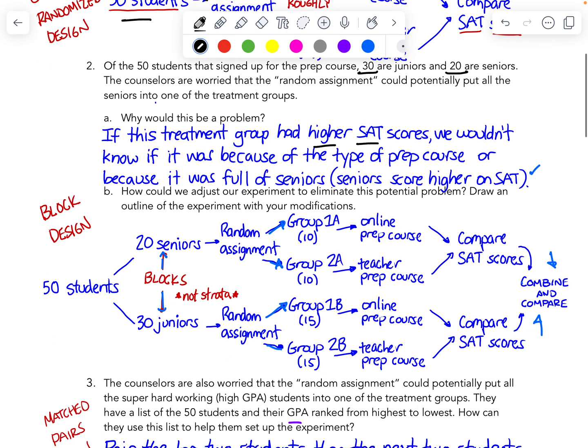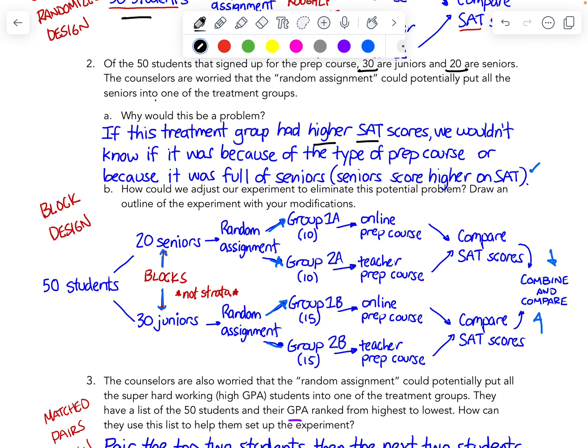So to mitigate this, or to control for this, we can do a block design. In a block design, we take some heterogeneous grouping, in this case all the juniors and seniors mixed, and we break them down into homogeneous groups. All the seniors together, all the juniors together.